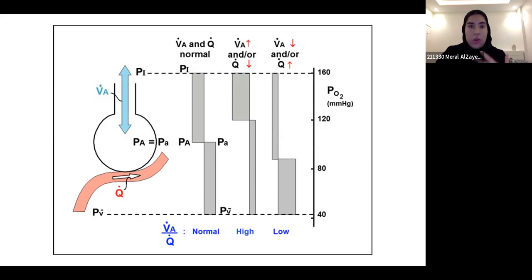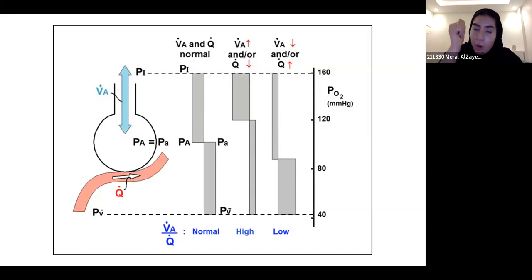So not only will my ventilation increase, but my perfusion will also increase, as my cardiac output increases in exercise, okay? So my perfusion will not remain the same when I exercise, it will increase, keeping my oxygen levels in the body the same, and not increased.